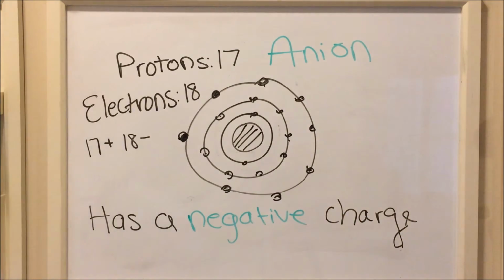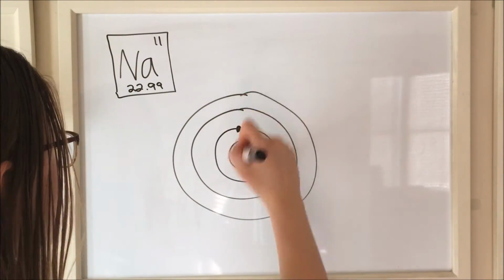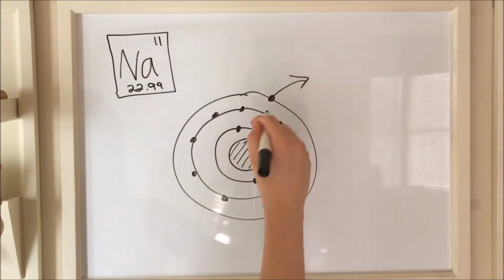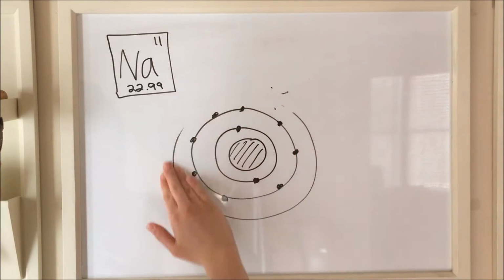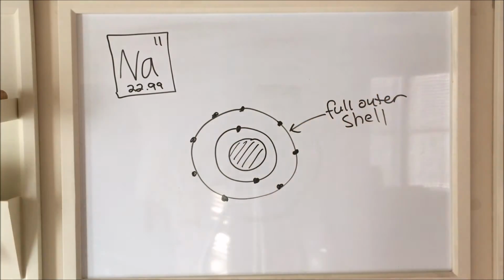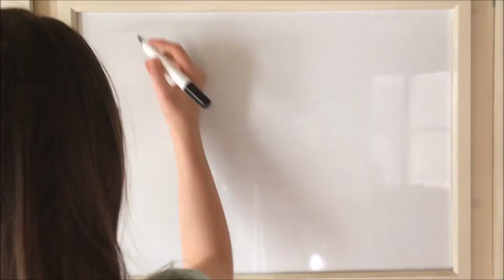Now let's talk about why the sodium atom gets rid of its 1 valence electron in its 3rd shell. If it gets rid of it, it now has 8 electrons in its last shell, which is actually the 2nd shell now. So it's happy now, and that's what all atoms want.